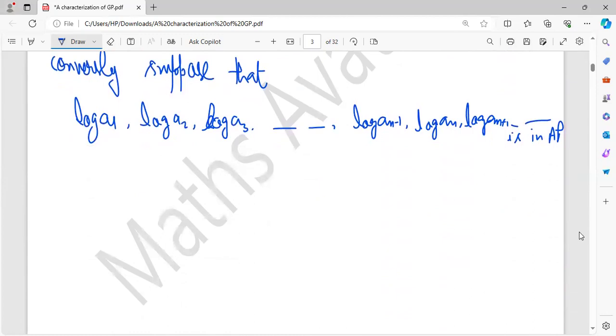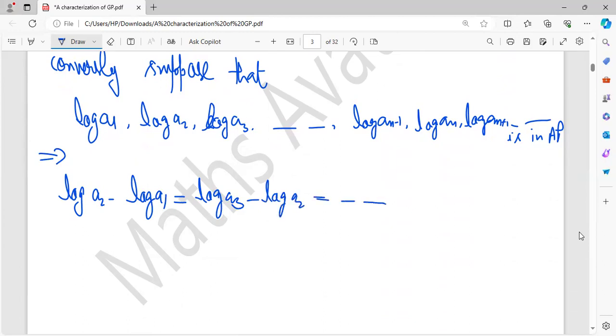So this is AP means what? It means log a2 minus log a1, log a3 minus log a2 is equal to log an minus log an minus 1, and so on. That is the common d, because they are equal. That is the common difference.